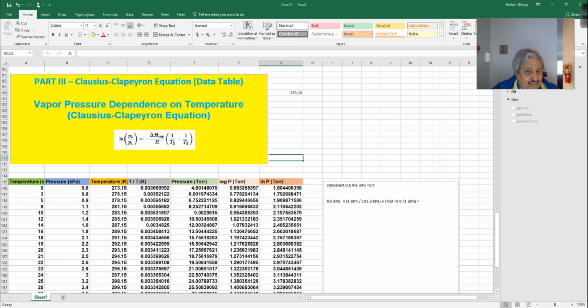This is your y axis, and 1/T. You need 1/T. This is your X.